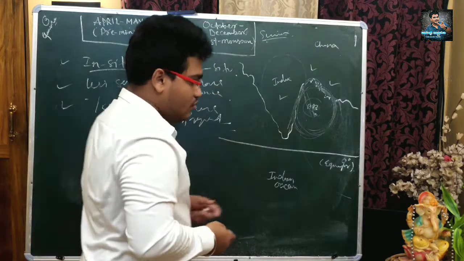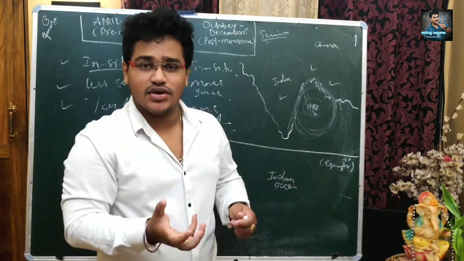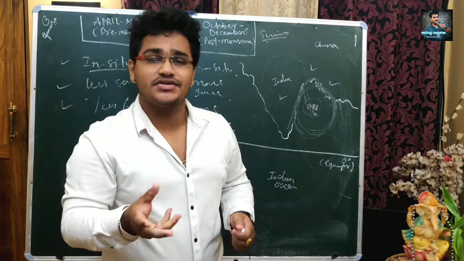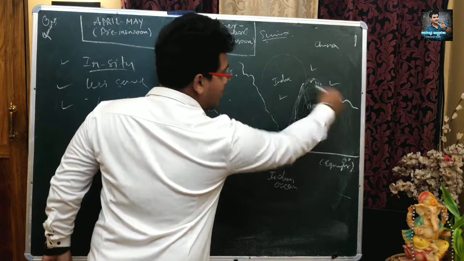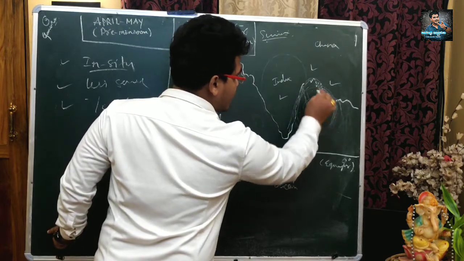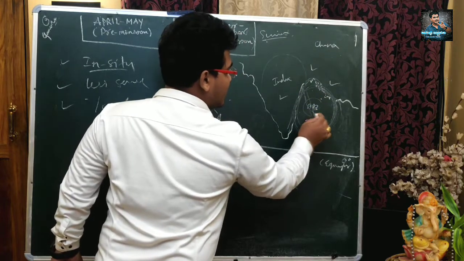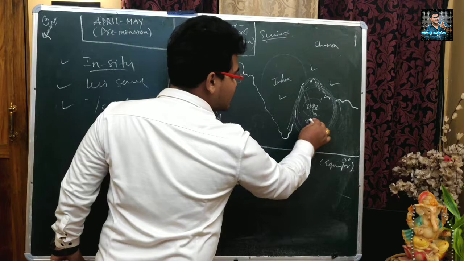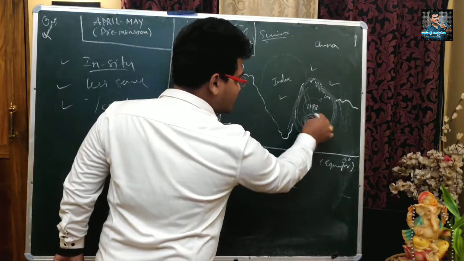And what happens, that heat gets trapped in the surface water in the form of pockets, not spread evenly throughout the water. So they're trapped in the form of pockets, and one of those pockets becomes a center for low pressure, a center for cyclonic origin.